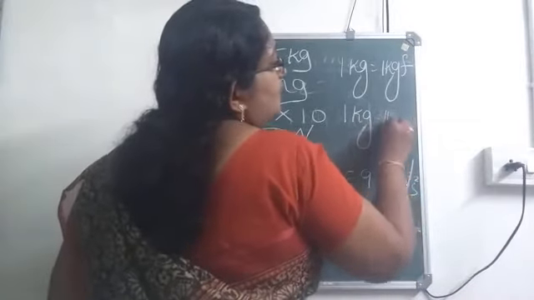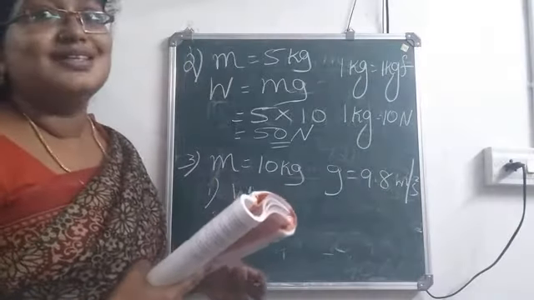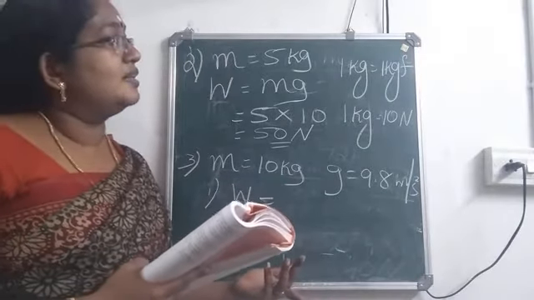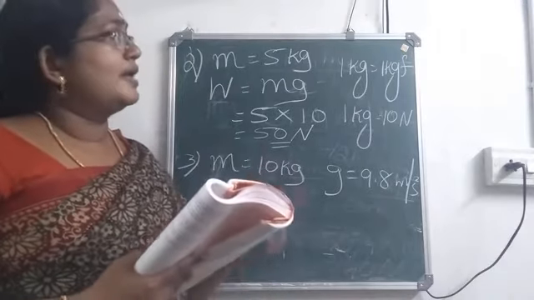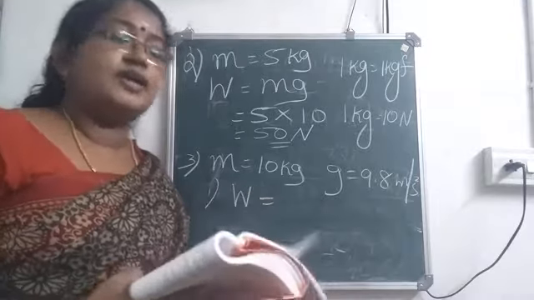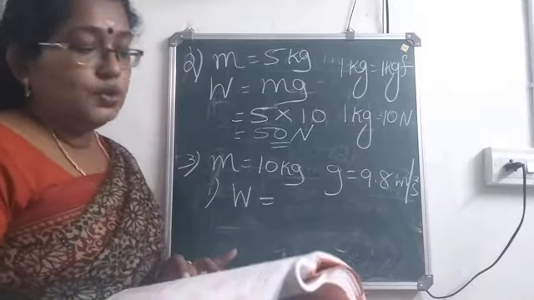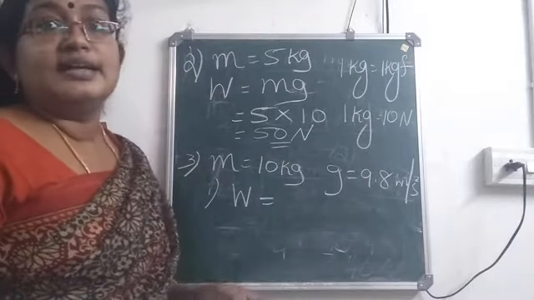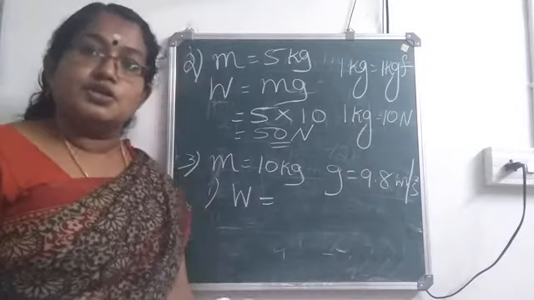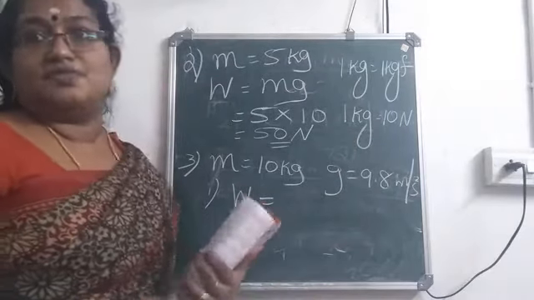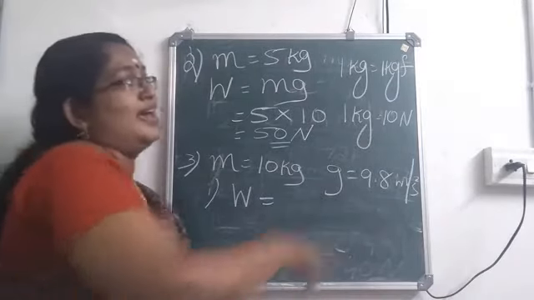If you want to convert kilogram into Newton, you have to multiply it with 10. 1 kilogram is equal to 1 kilogram force, but if you want to convert it into Newton, what should you do? 1 kilogram force is equal to 9.8 Newton. So there you have to multiply it with 10. But for kilogram and kilogram force, it is same. Okay. Actually, it is not 10.